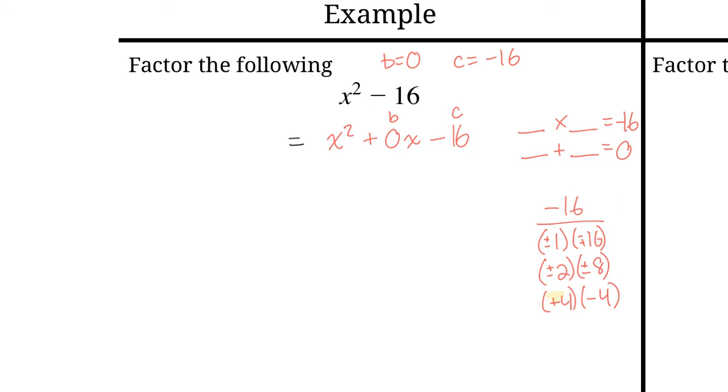And that's going to be 4 and negative 4. 4 multiplied by negative 4 is equal to negative 16, and 4 plus negative 4 is 0. So now when we use those two numbers to write our expression in factored form, it's going to be x plus 4 times x minus 4. And that's it. Our expression is now factored.